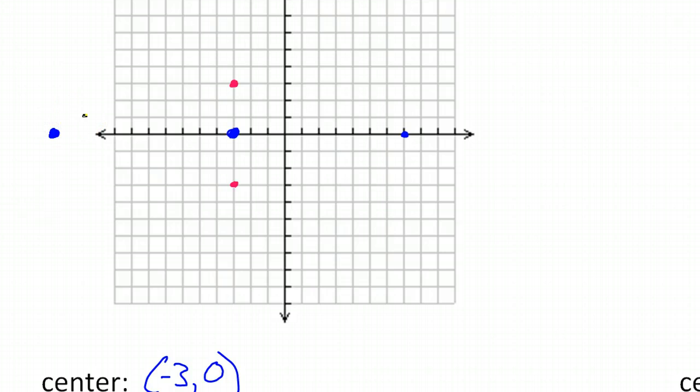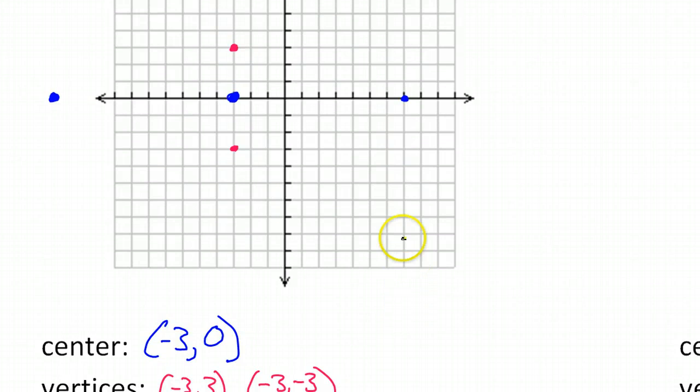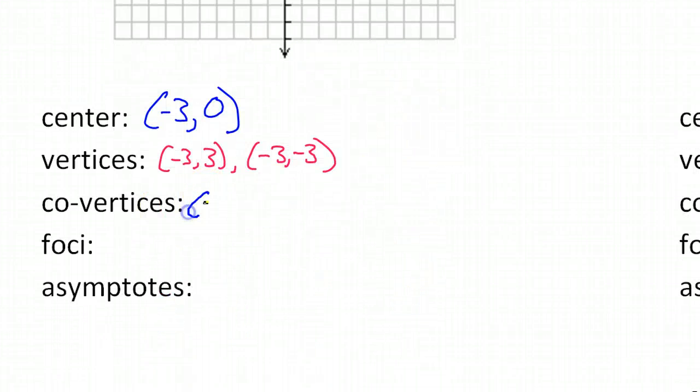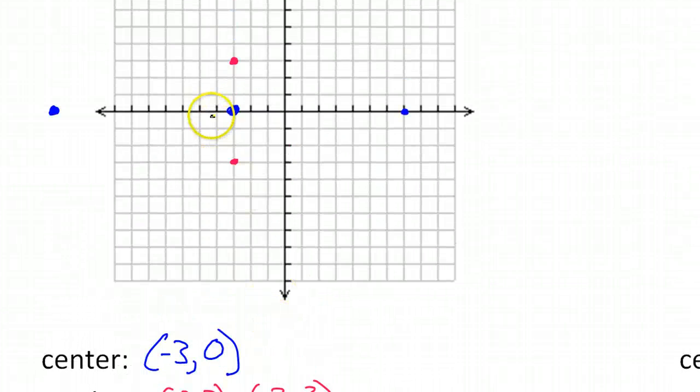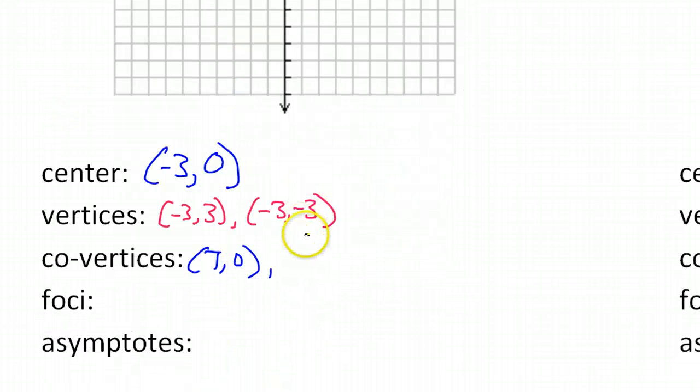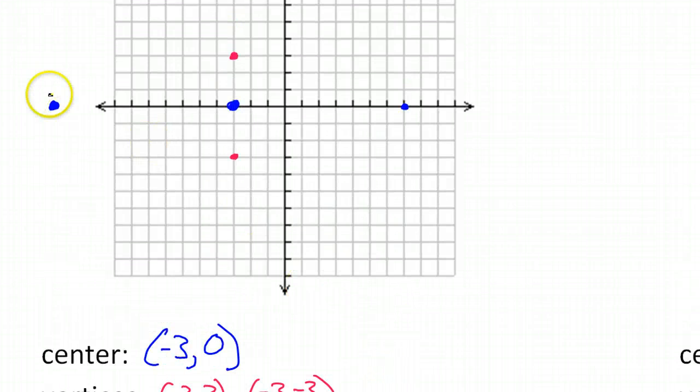So my co-vertices are, let me get this one first. That's 7 comma 0 is one of them. This one I had to go off the grid for it. See, that's 10, and I went like 3 more off the grid. So that's negative 13 comma 0. We'll be able to use this to make our box later.